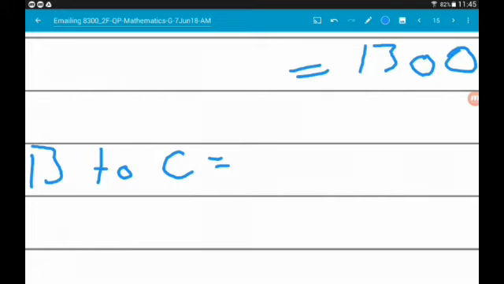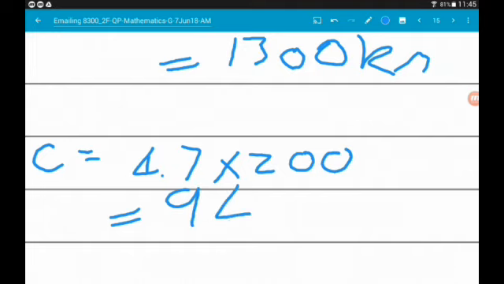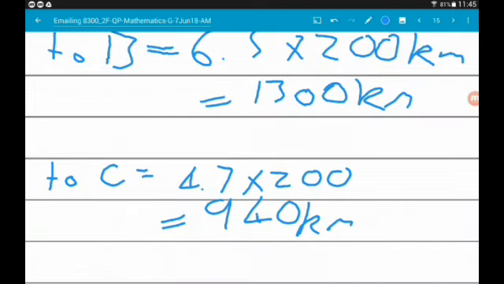So it's going to be 4.7 times 200, which is going to give us 940 kilometres. Now remember, we want to know how much further Umar drove than Kaz.